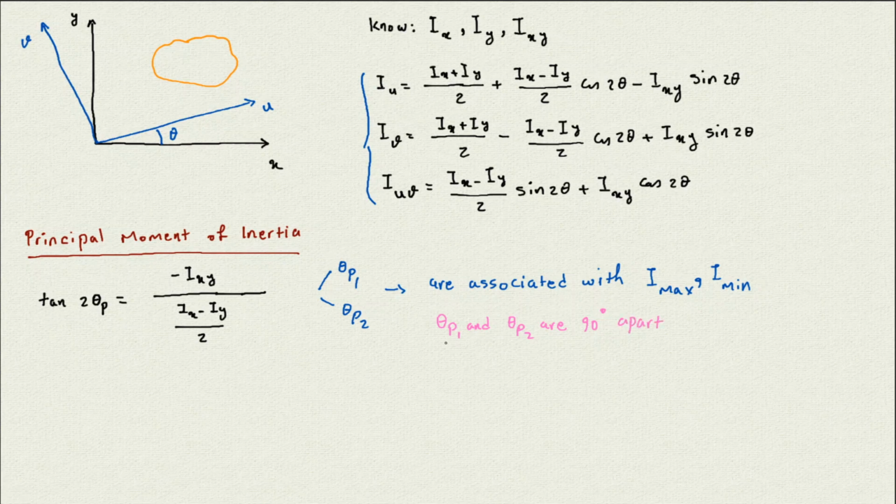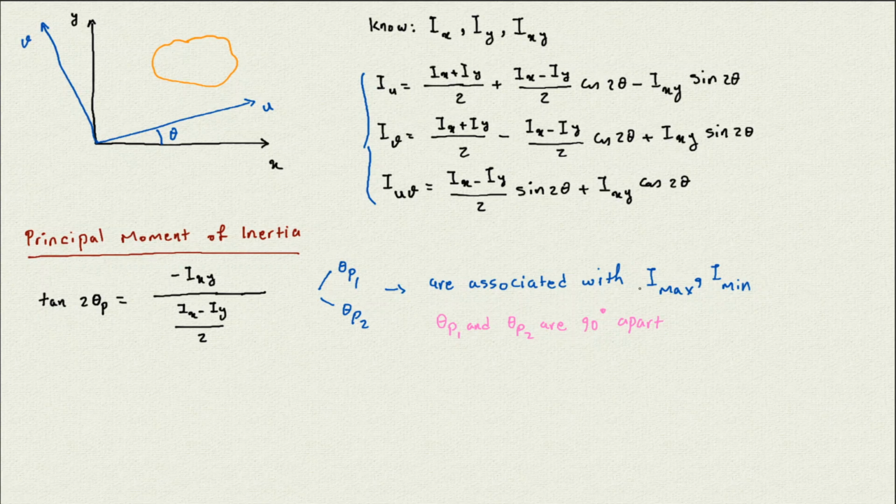In other words, at whatever angle we have the maximum moment of inertia, we have to rotate 90 degrees to get to the minimum one, and at the other angle where we have the minimum moment of inertia, if we rotate for 90 degrees, we get the maximum moment of inertia.